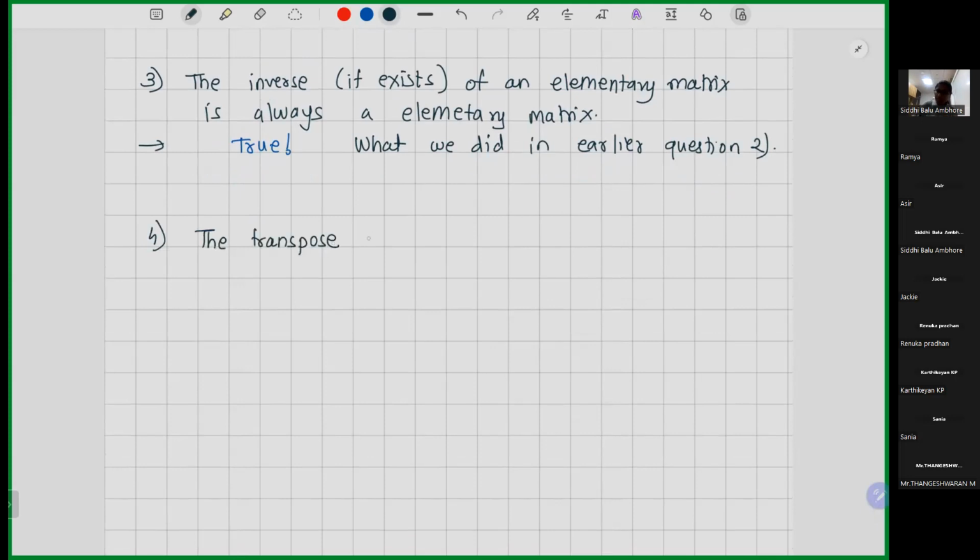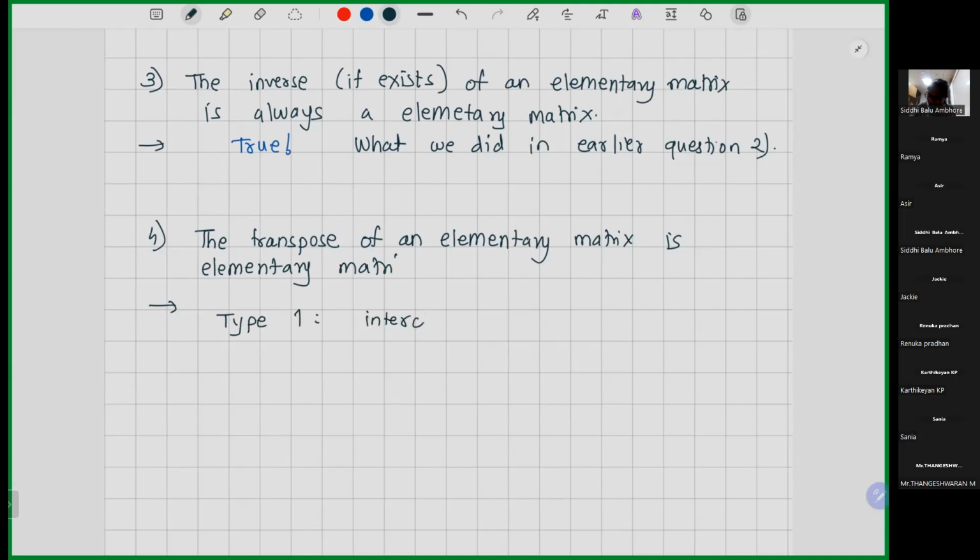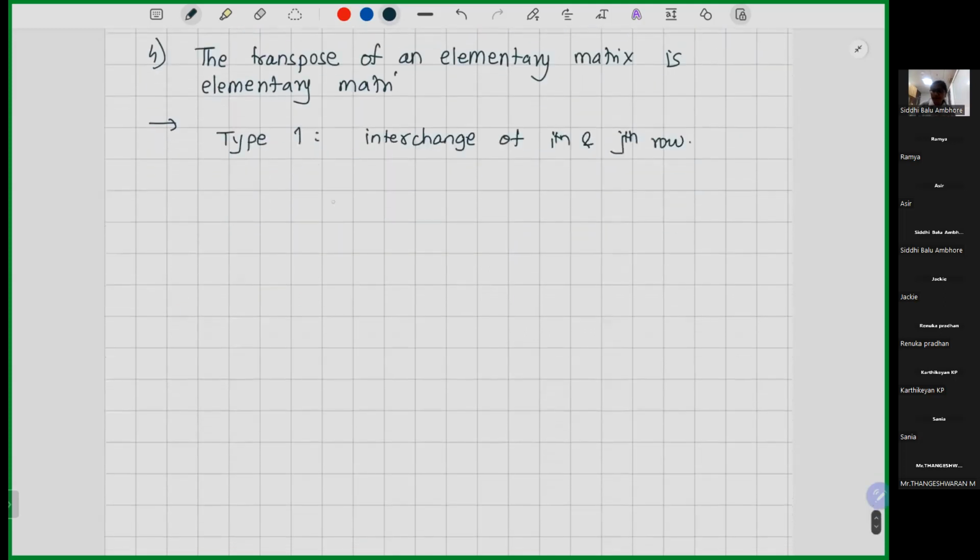Now they are asking whether the transpose of an elementary matrix is an elementary matrix. And what is your guess? Is the transpose of an elementary matrix elementary or not? First of all, note that a type 1 elementary matrix is the interchange of the ith and jth rows, right?